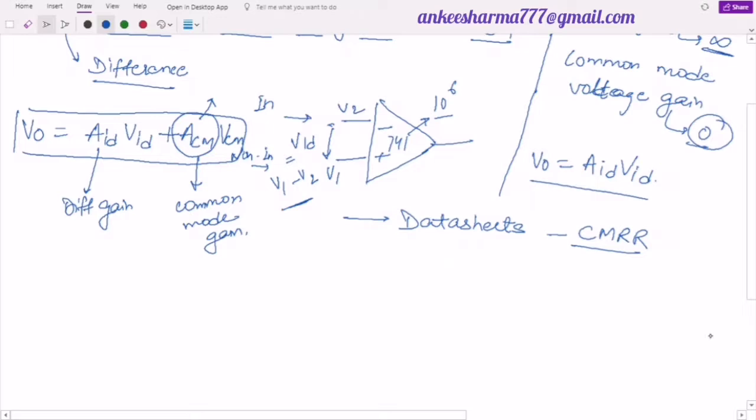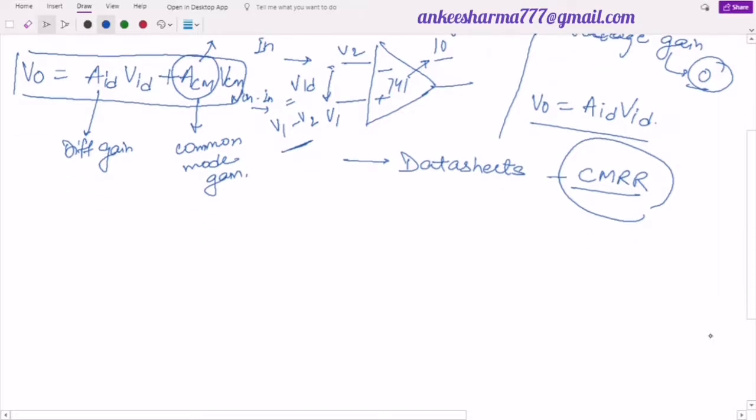So I want this ACM in the data sheets, but the data sheets don't provide it. We are provided this CMRR. So we will find how this CMRR is related to your ACM. This is what I want to find here.